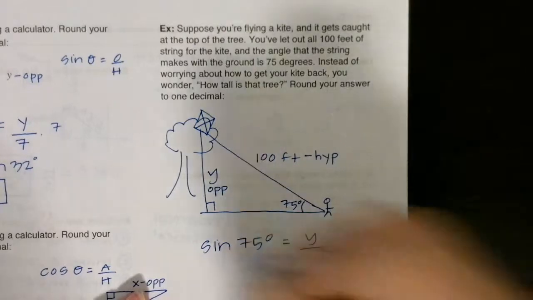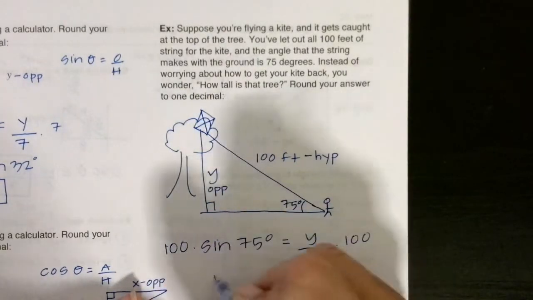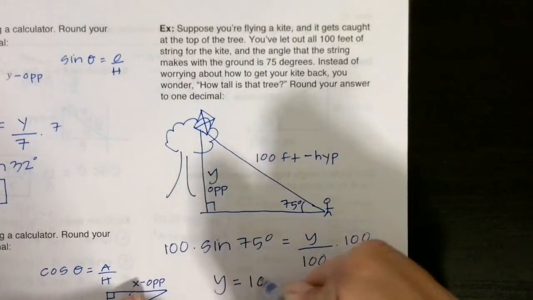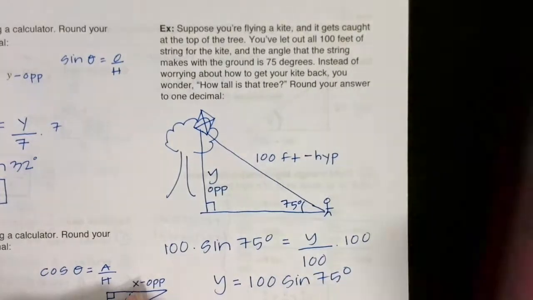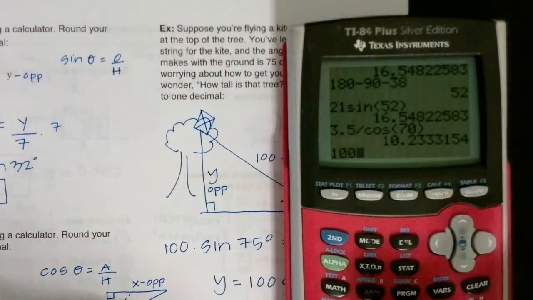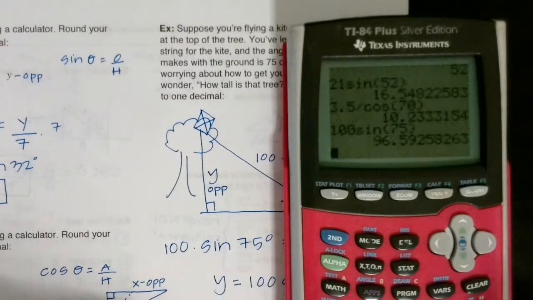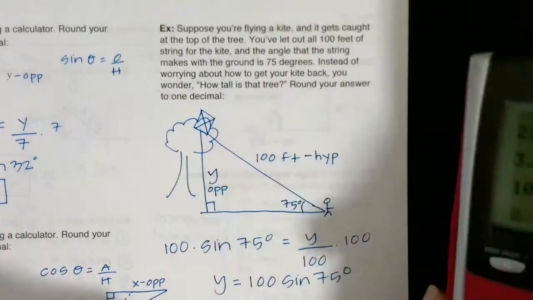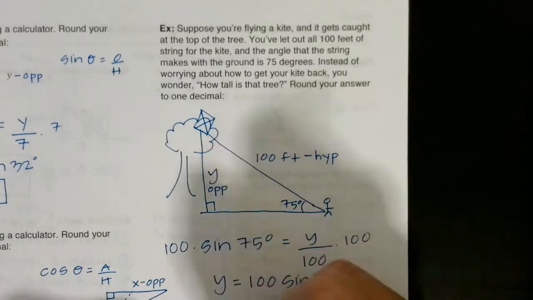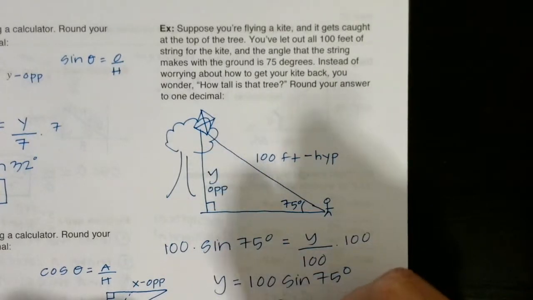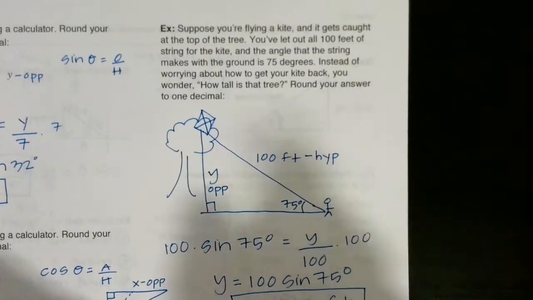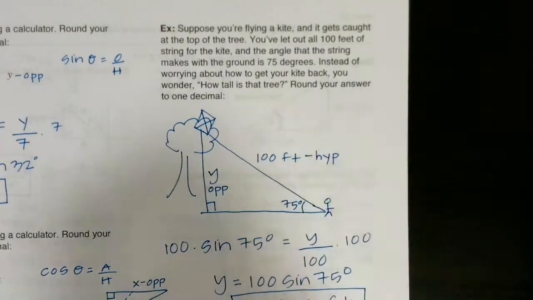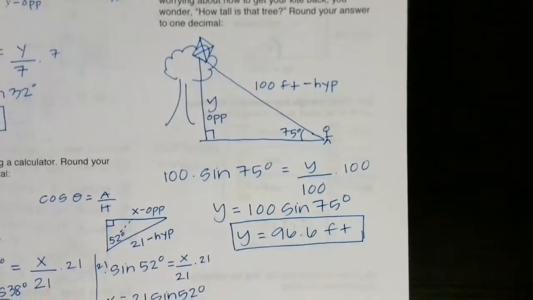Multiply both sides by 100. So the height of your tree is 100 times sine of 75 degrees, which equals 96.6 feet, right? Because it's in feet. So we need that unit. And that's all that we're doing for this unit right here in 17.1.